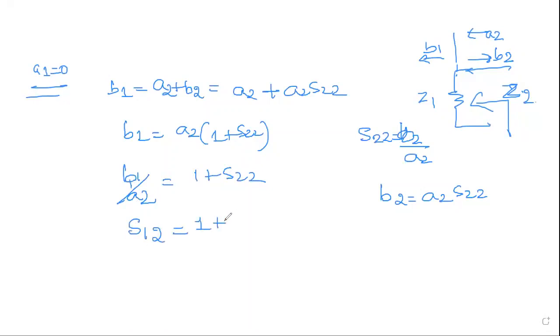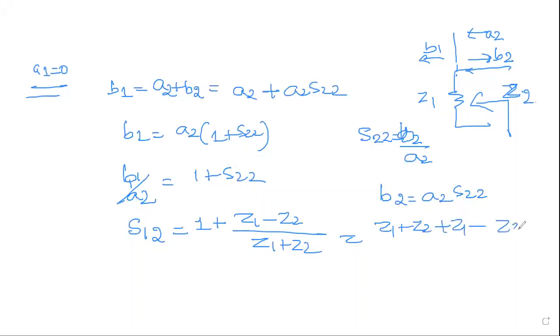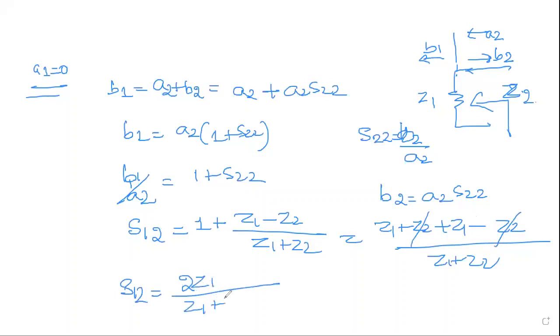You know S22 value is Z1 minus Z2 divided by Z1 plus Z2. So simplify it: Z1 plus Z2 plus Z1 minus Z2 divided by Z1 plus Z2. Z2 and Z2 will cancel. You will have S12 is equal to 2 times Z1 divided by Z1 plus Z2. So you got the equation for S12.